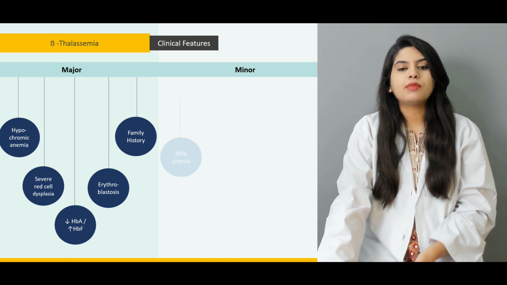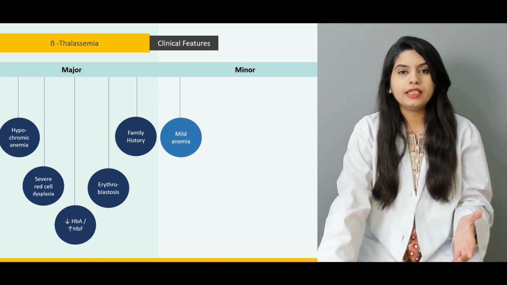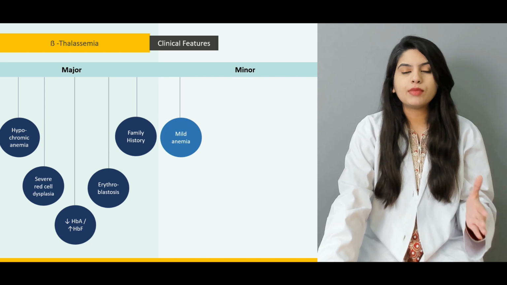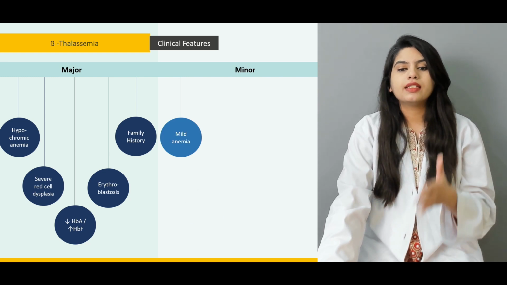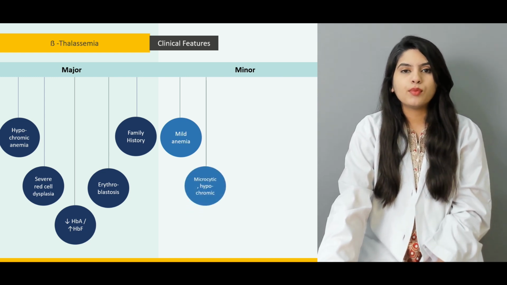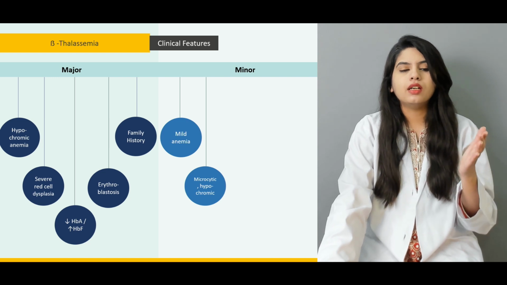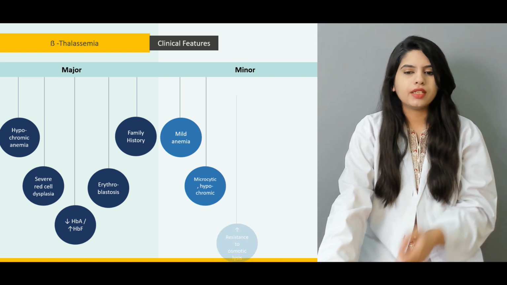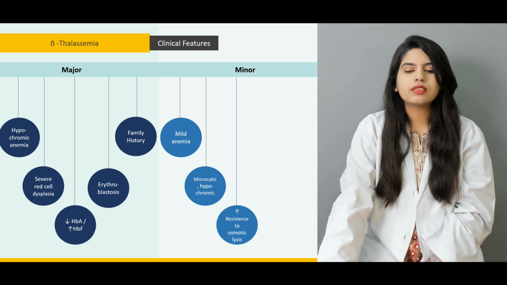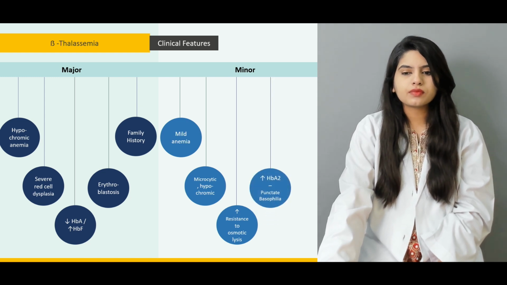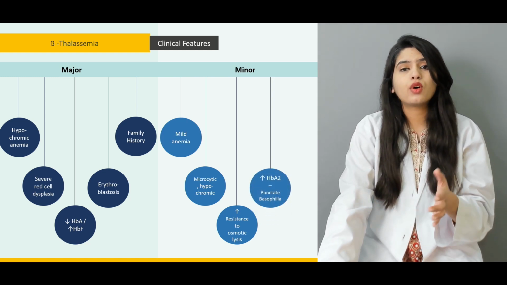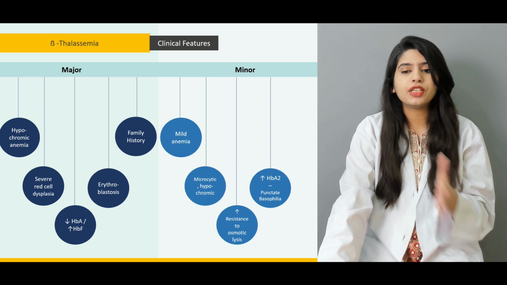In case of thalassemia minor, there will be mild anemia as compared to thalassemia major, and microcytic hypochromic red blood cells will be produced, like in the major thalassemia. Then there will be increased resistance to osmotic lysis. That's why it will cause minor symptoms as compared to the major form.